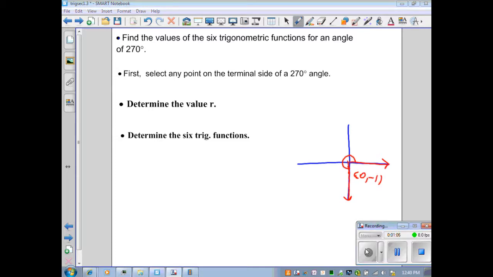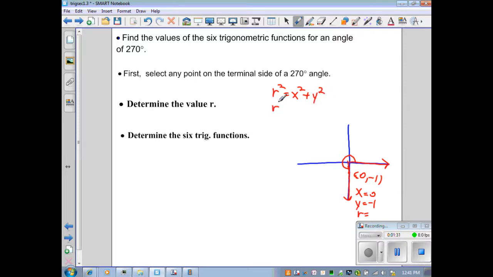Just like in our previous examples, we have to identify the 3 values we need to find, which are x, in this situation it's 0, y, here it is -1, and I need to find r. So I'm going to do that by the Pythagorean theorem. r squared equals x squared plus y squared.